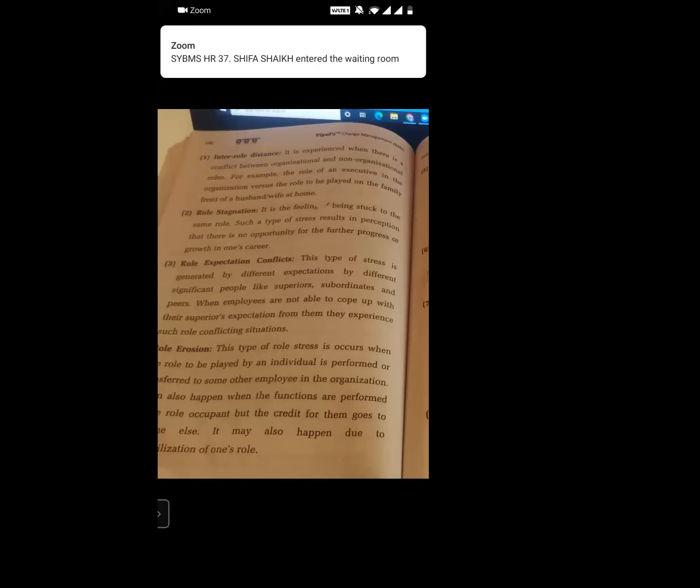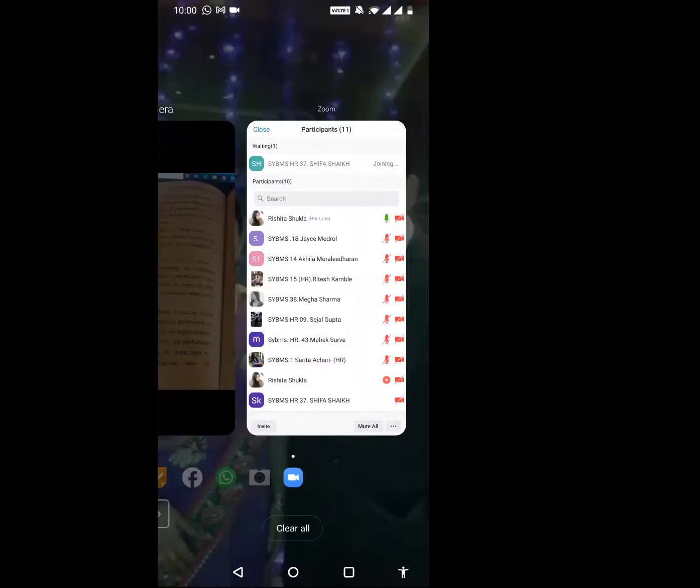Those who attended this lecture, come on, inter-role distance. You remember the marketing manager and the role of a father, right? Yes, ma'am. When you are performing organizational as well as non-organizational roles, there will be conflict sometimes.